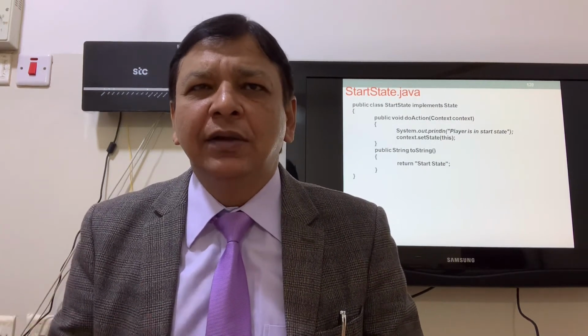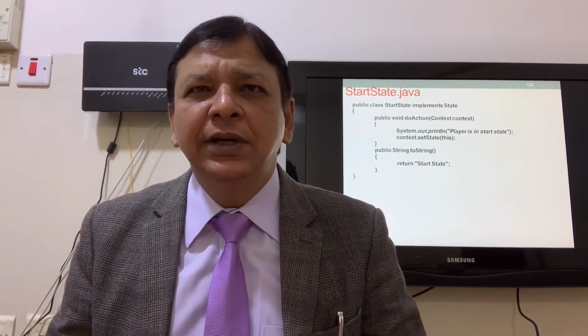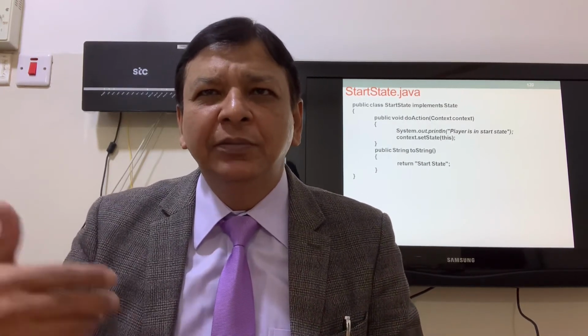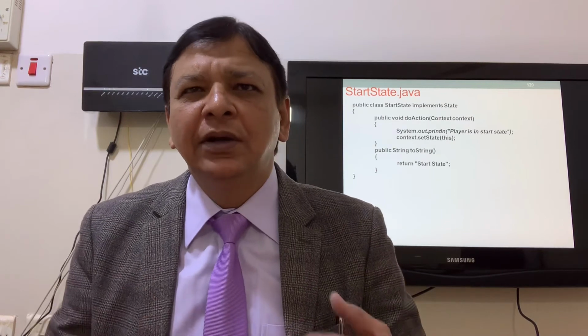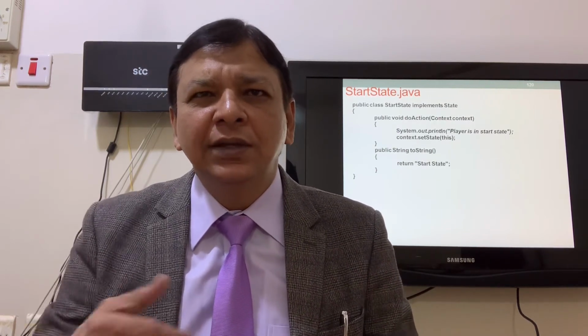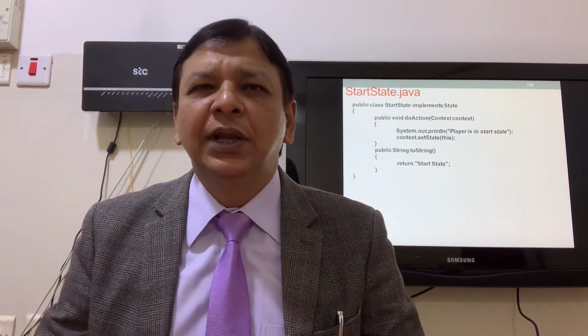StartState.java: public class StartState implements State, public void doAction, override the method from the State interface, Context context, System.out.print "Player is in start state", context.setState(this). Public String toString, return "Start State", close the method, close the class.